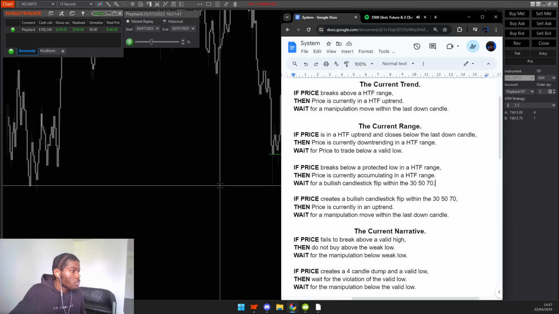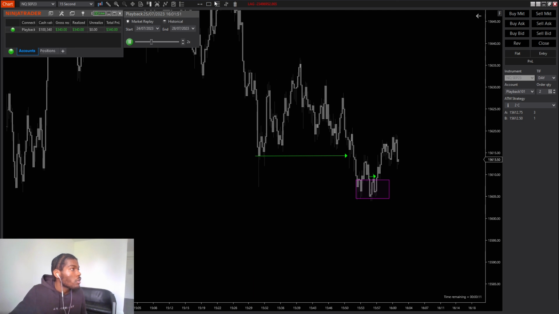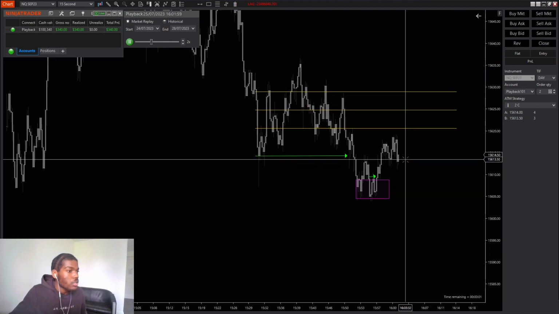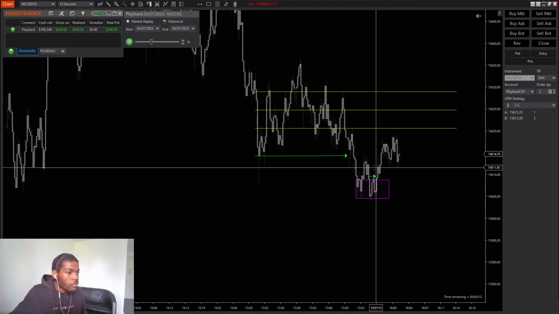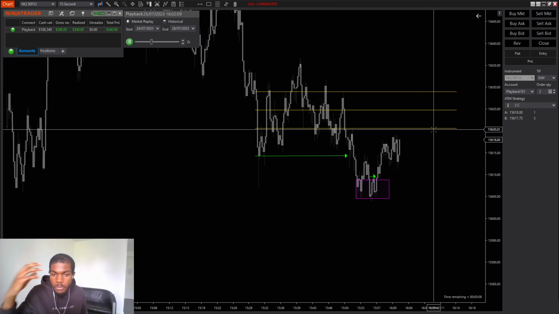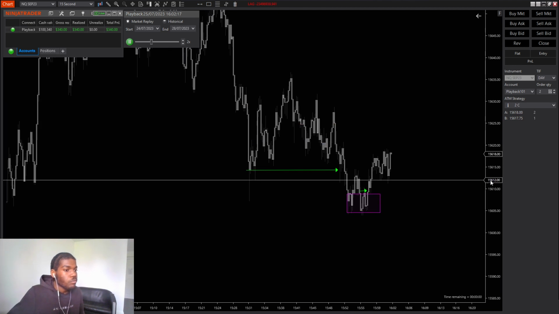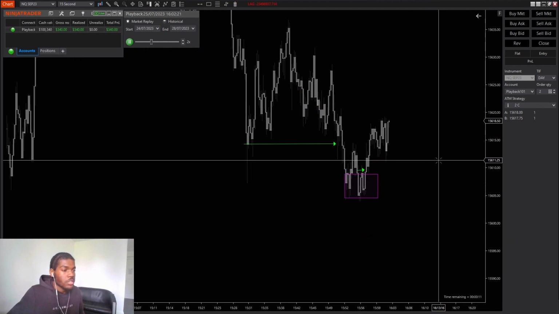Now, this was a counter trend move, yes, but I'm talking about playing both sides of the market. If you've got this here at the same time while you're looking for a long, it's way too much information to process. So I recommend that you guys only focus on one side of the market because trust me, bro.